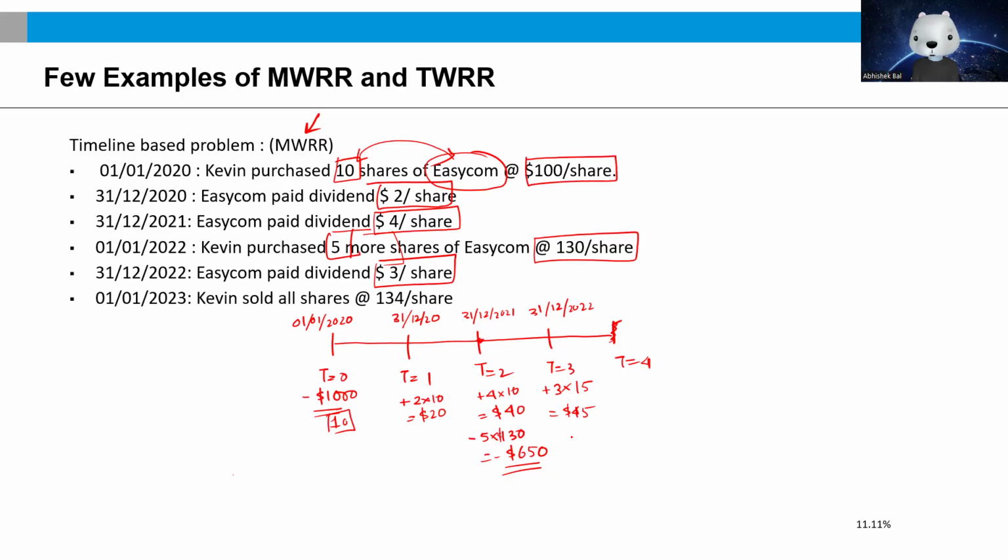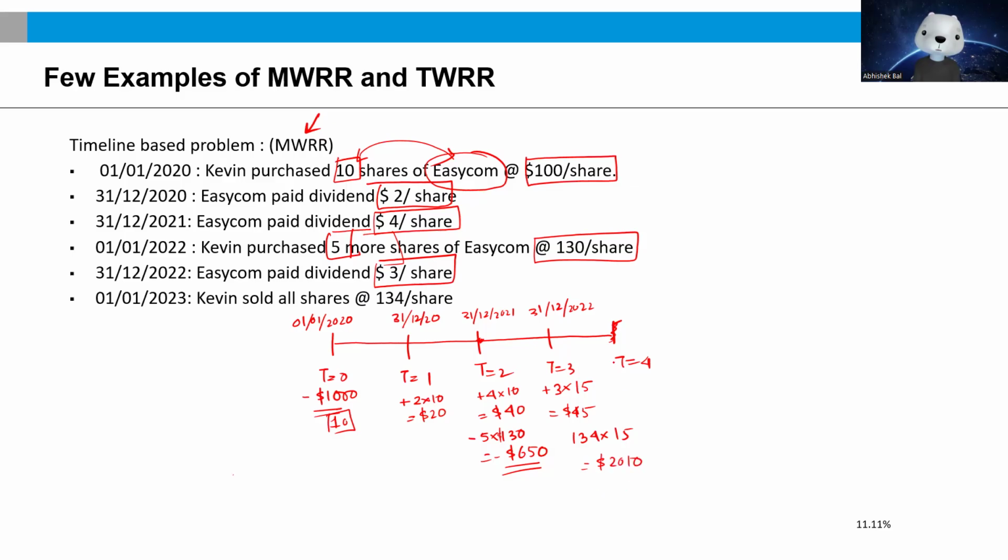So that means he had an additional 134 multiplied by 15, which comes to around $134 into 15, so 2010.